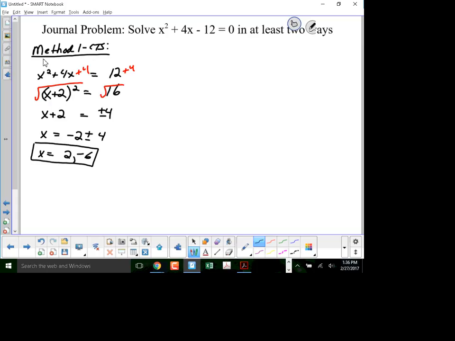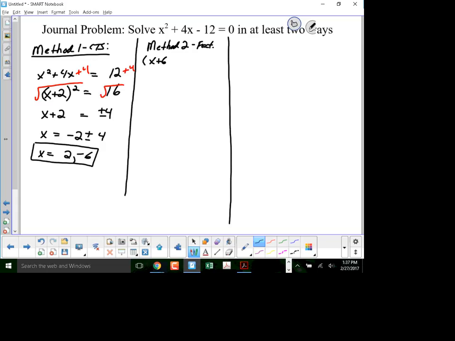Anybody do it a different way? Addie, how'd you do it? I factored. So tell me what you did. We're going to call this method 2, factoring. I did, since 6 and 2 could be multiples of negative 12, I did a positive 6 and a negative 2.